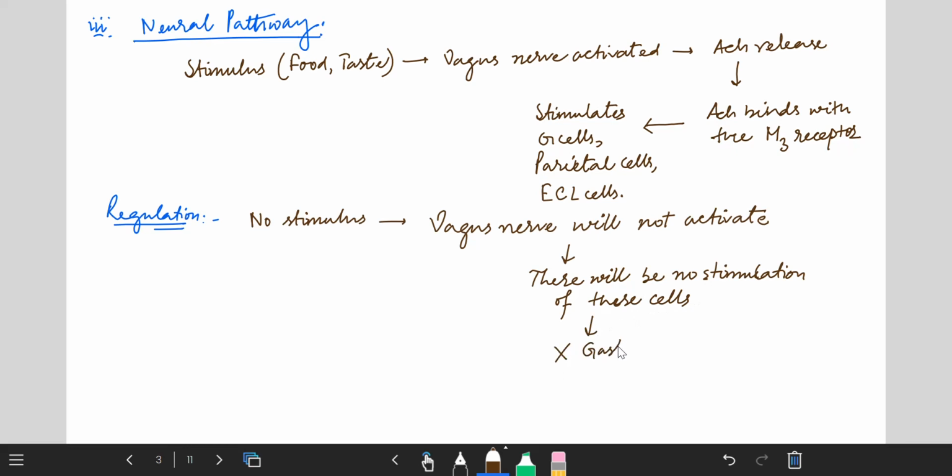As a result, gastric acid secretion or production stops, or you can say there is a decrease in the HCl secretion.